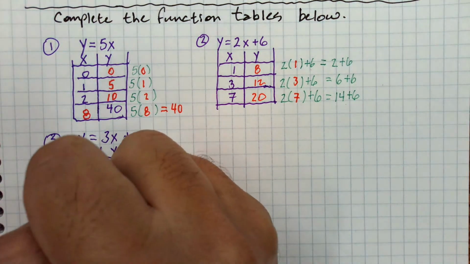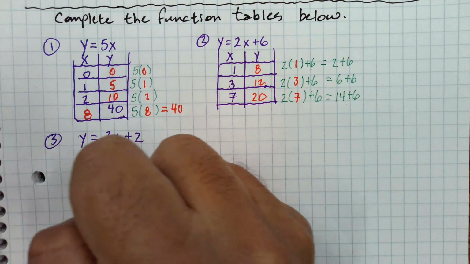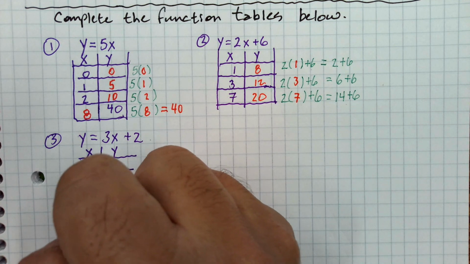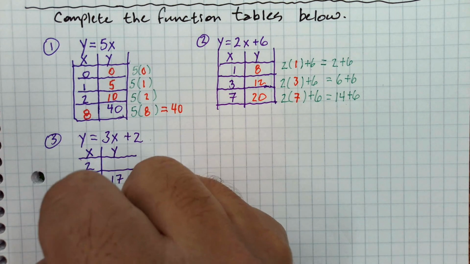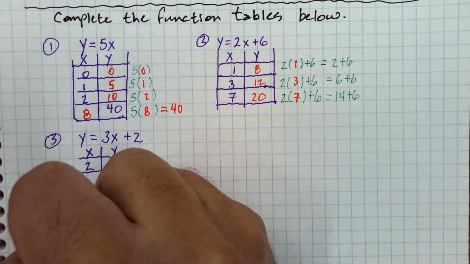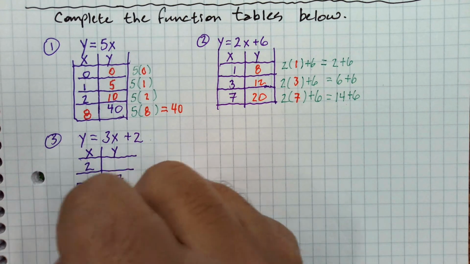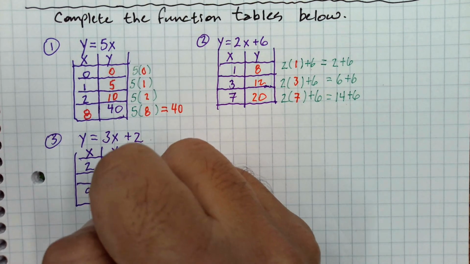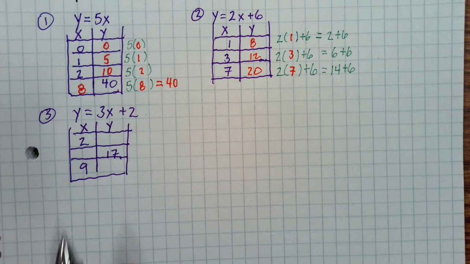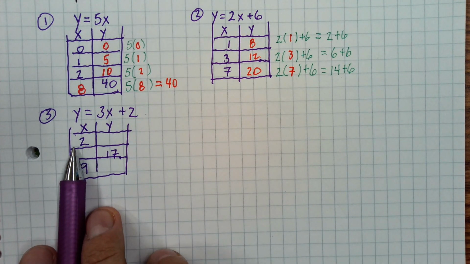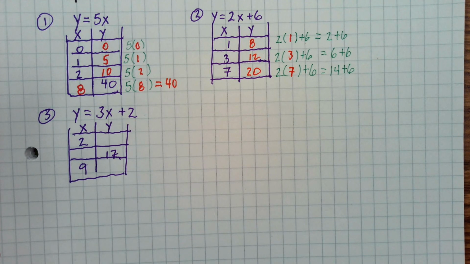And here we go. We're going to pick the number 2. Let's pick an output number of 17 and an input number of 9. Inputs are 2, output 17, input of 9.